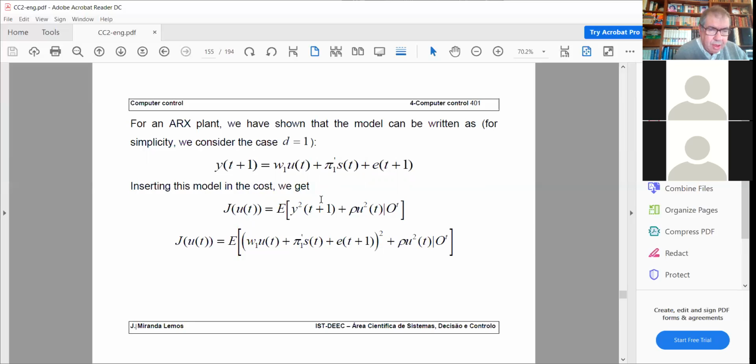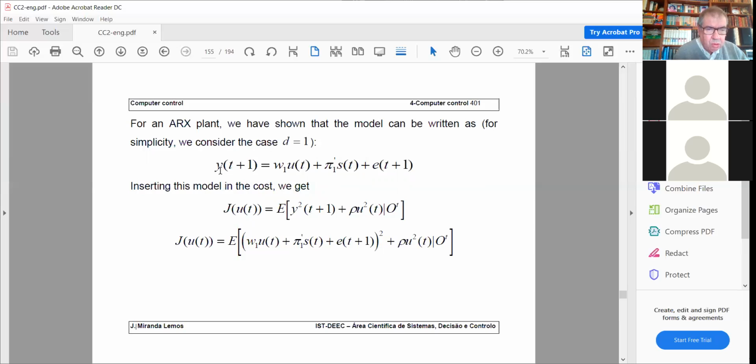Now, when you have that stuff of computing the prediction, actually you are expressing, suppose that we have a delay of 1. Okay, let's assume that the delay of my plant is 1.